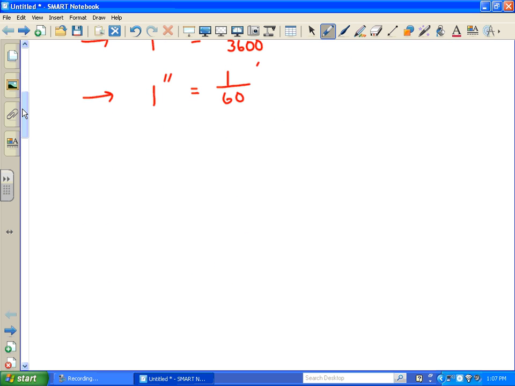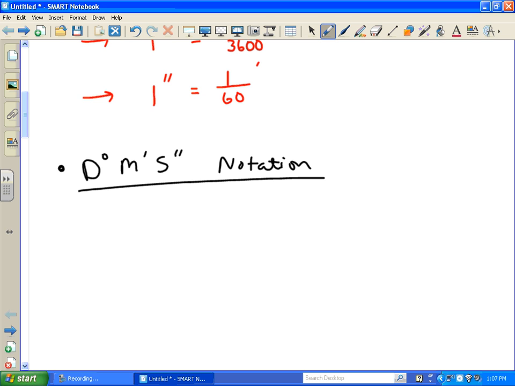Now, the next thing I'd like to look at is 2 different ways that we measure angles. We can measure angles in what they call degree, minute, second notation. In degree, minute, second notation, you have exactly those 3 units measured. The degrees, the minutes, and the seconds will be in whole numbers. There will be no decimal numbers in this particular way to measure angles.